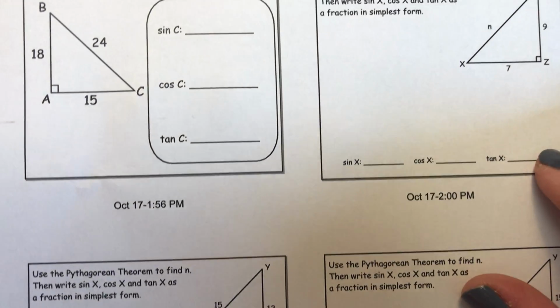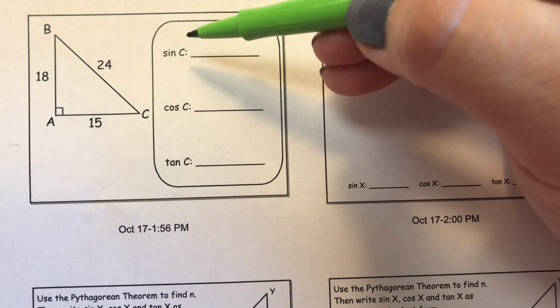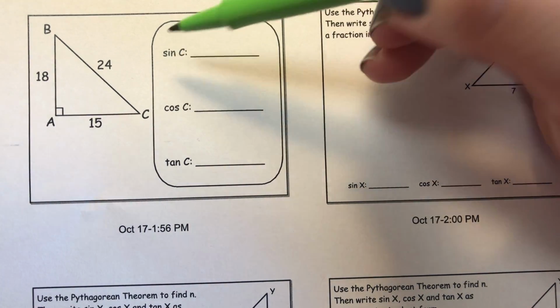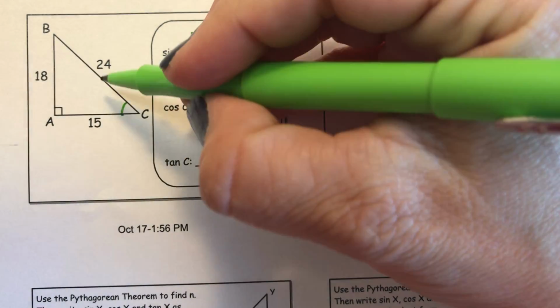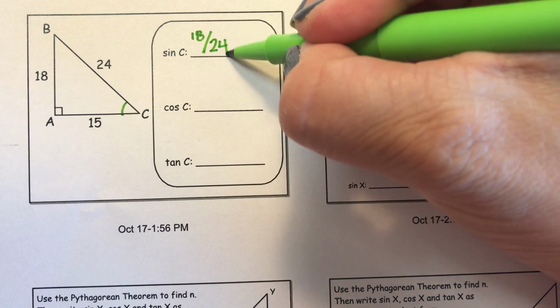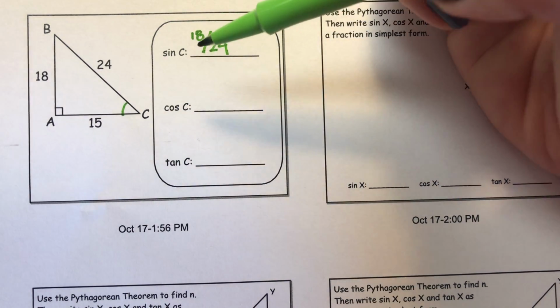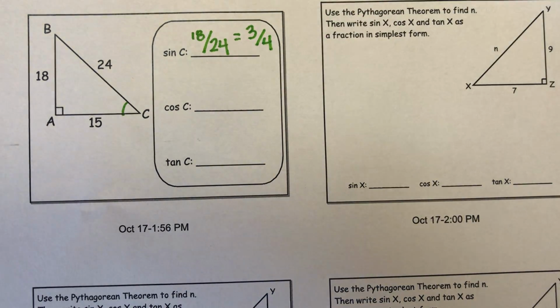So down here we have the same triangle for the next example, but this time it's asking me to do sine, cosine, and tangent for letter C. So for C, sine would be opposite, which is 18, over hypotenuse, which would be 24. The hypotenuse doesn't change, right? It's the one opposite the right angle. So 18 over 24 would be 3 over 4.